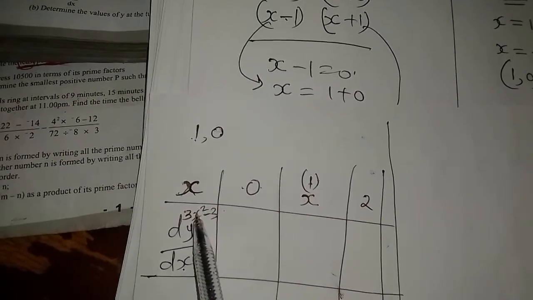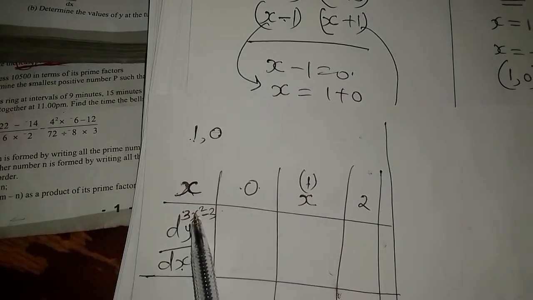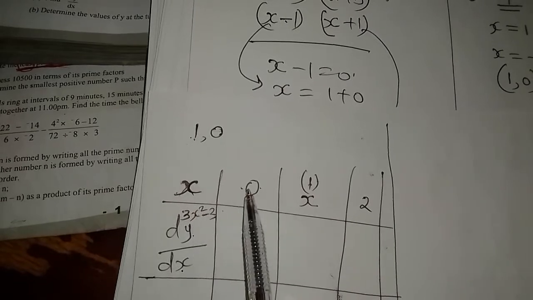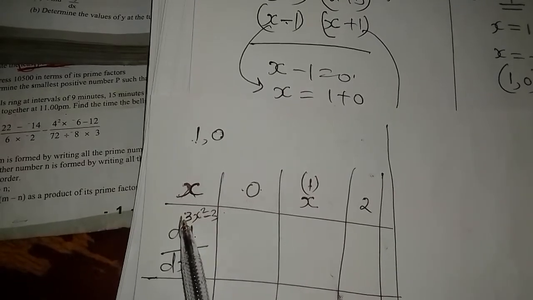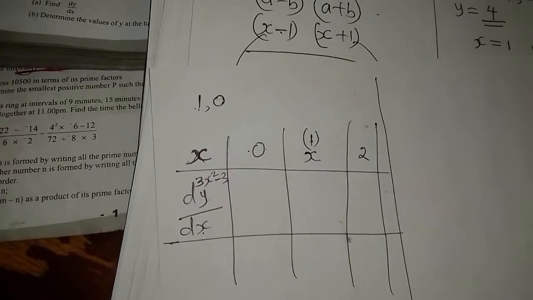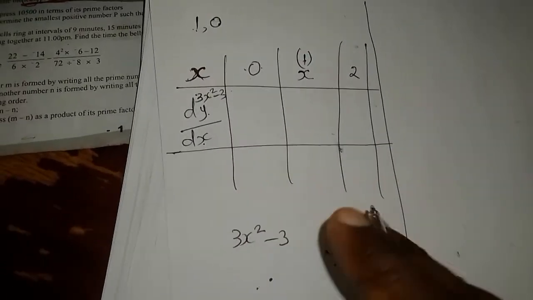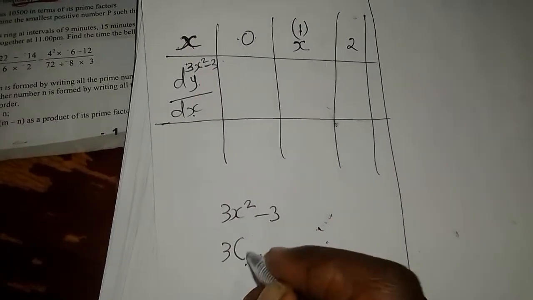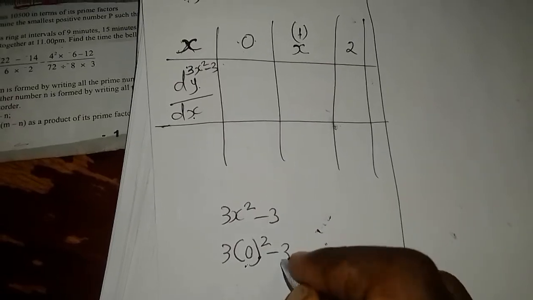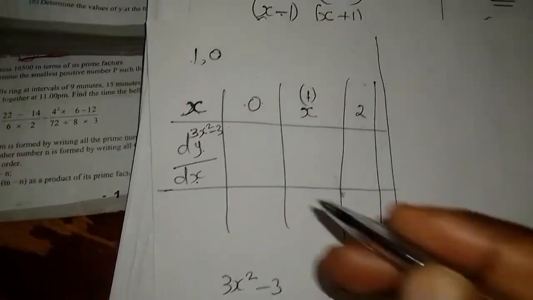When you put in 0, it will be 0 squared, that is 0. 0 times 3, minus 3, that gives us what? That's the same as saying 3 into 0 squared minus 3. What is the answer? That is negative 3.